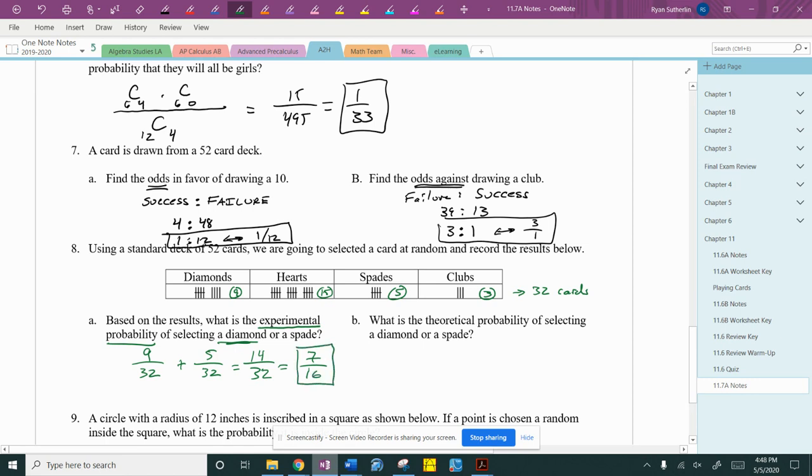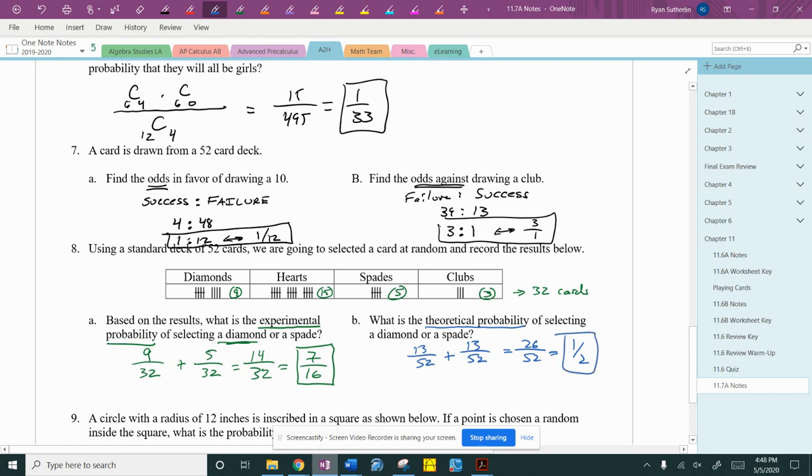So it looks like in our experiment, we got a diamond or a spade slightly less than half the time. Now, what's the theoretical probability? Well, the theoretical probability of getting a diamond, there are 13 out of 52 diamonds, or a spade, 13 out of 52 spades, is 26 out of 52, which is 1/2.